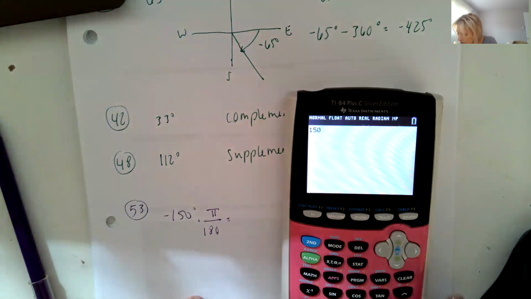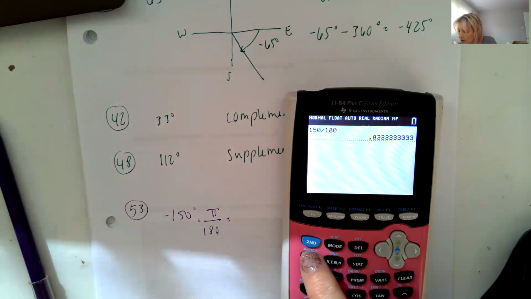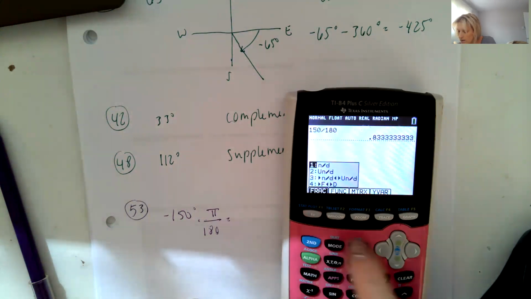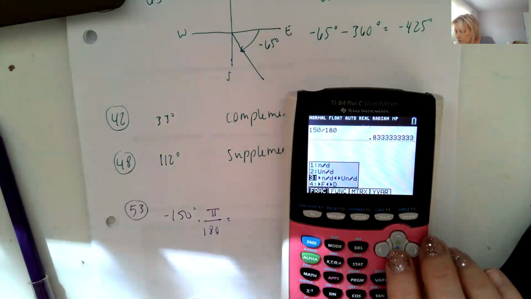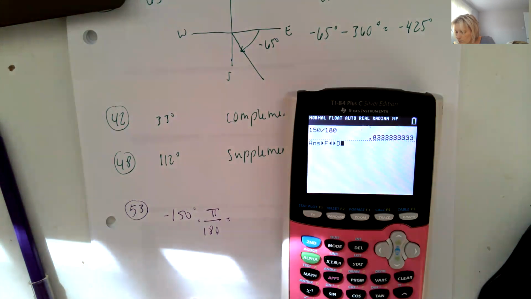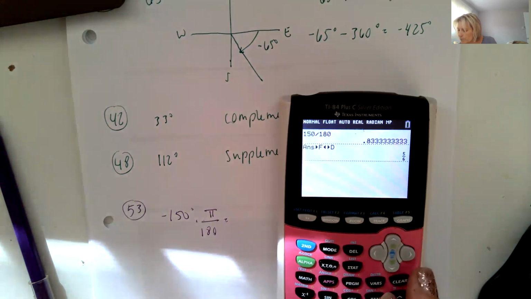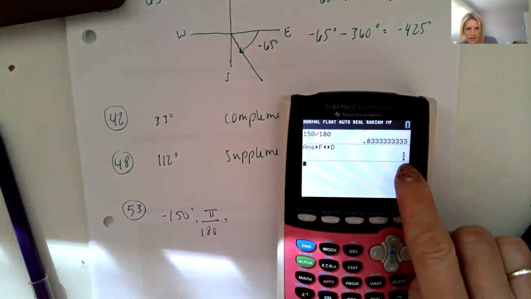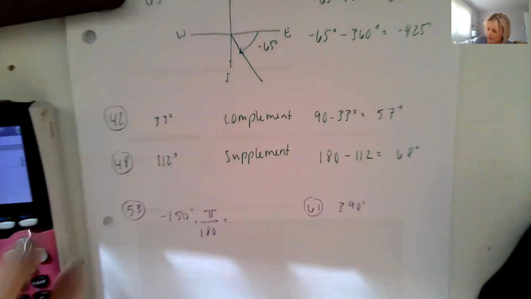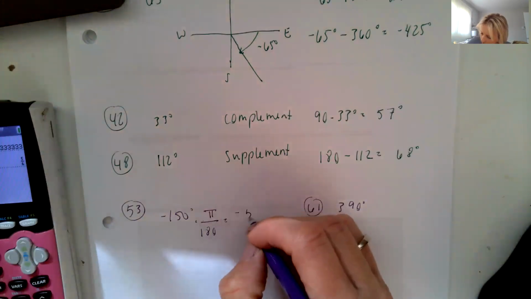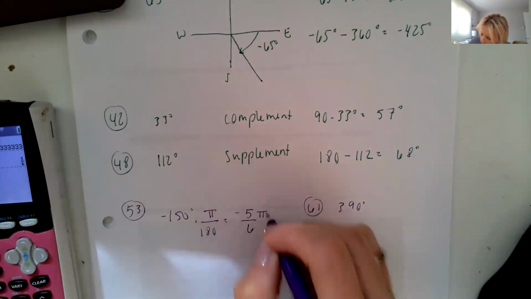So 150 divided by 180, and then we should be able to go to alpha in the y equals, and it'll be 5/6. If you reduce 150 over 180, it's 5/6. And it's a negative, so it's a negative 5/6 pi.